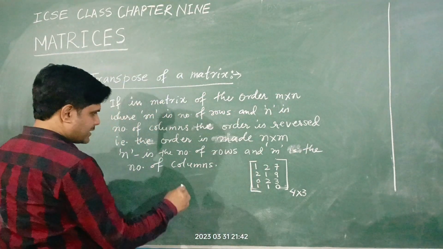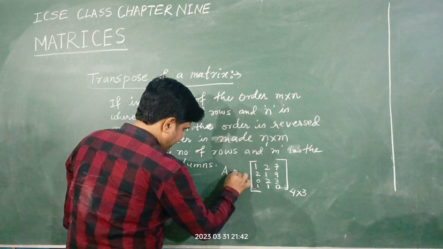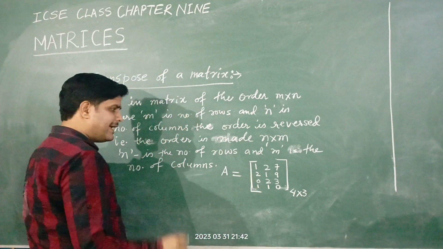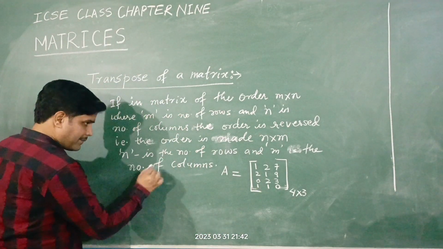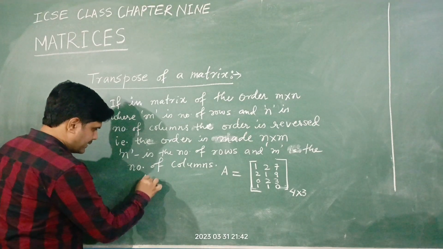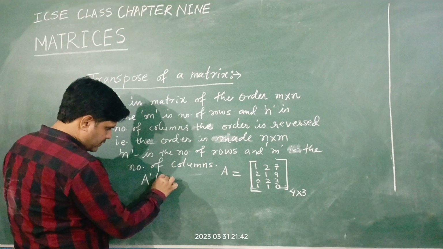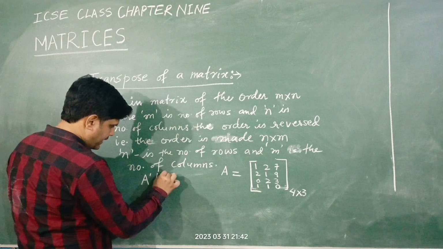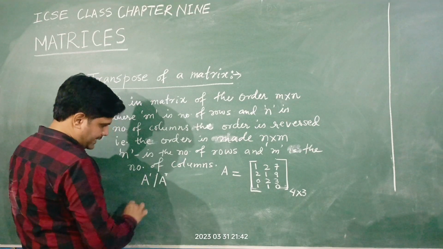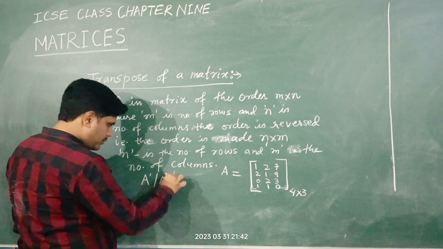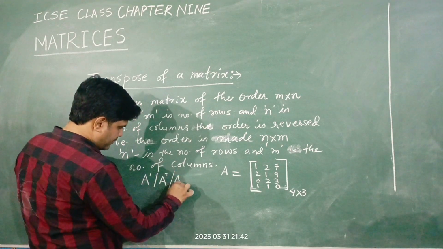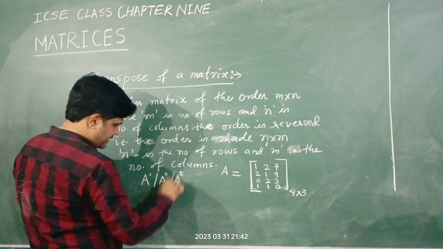Now, if I do the transpose, with the matrix denoted by A, the transpose will be denoted as A dash, or A prime, as we also call it, or A with a small t on top, that is A transpose. In some books, it is also written as A with a small t.